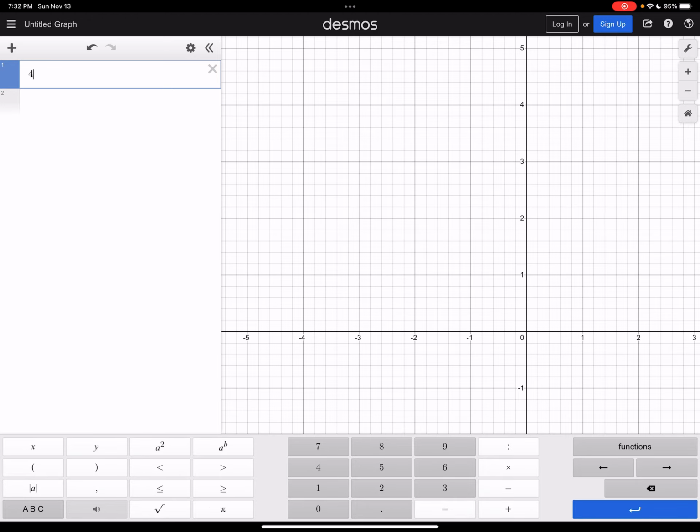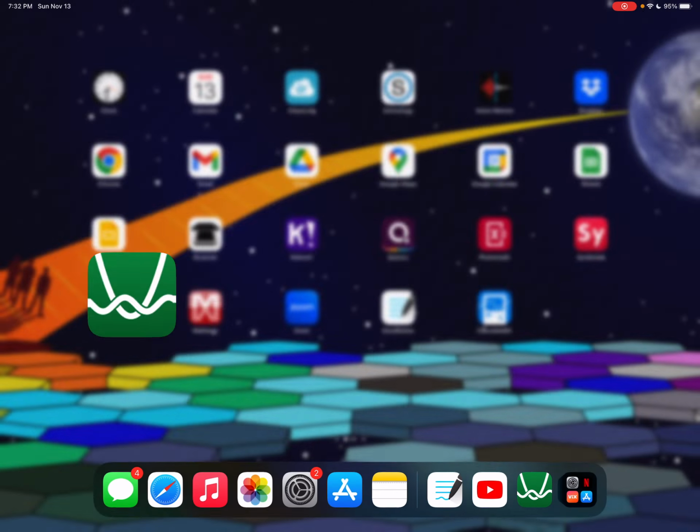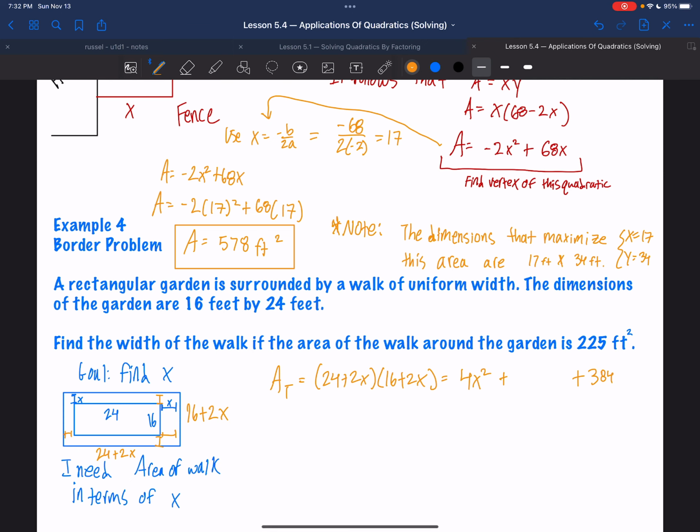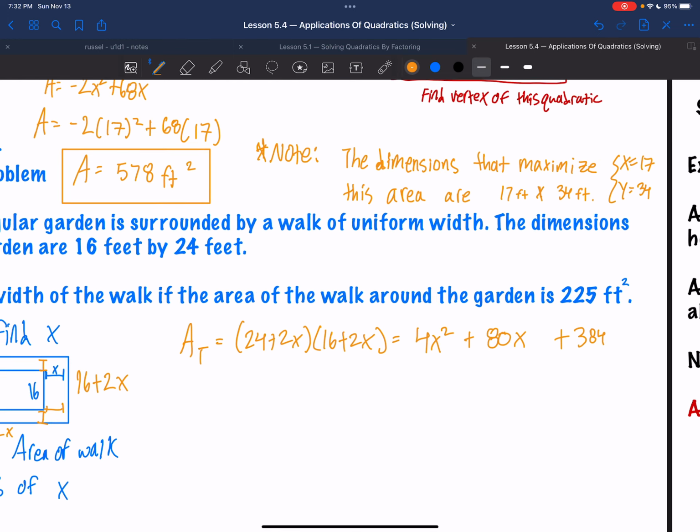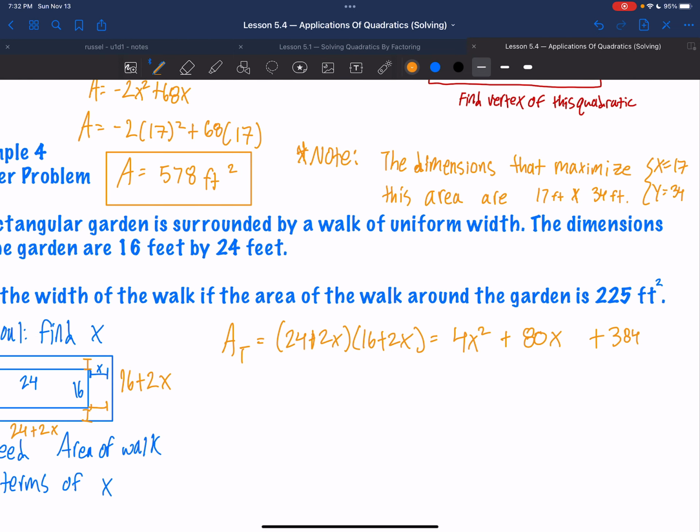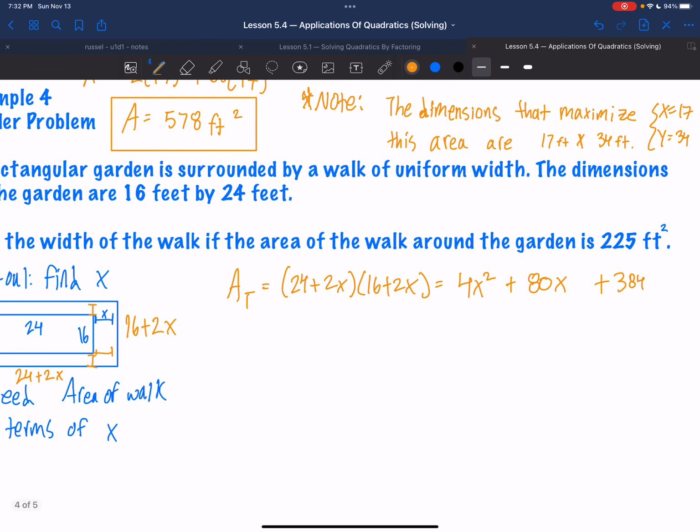Certainly I can do that in my head, but I do not want to. 80. Okay, so plus 80x. Nice. Okay, and if you're not sure how I got the result, you can discover that for yourself by using the distributive property on that. Okay, distribute it out, be good practice for you. Okay, see if you get the same result I do. And I do not like the way that looks, so I'm going to edit it. Say plus 384. Nice. Okay, so that's the area total.